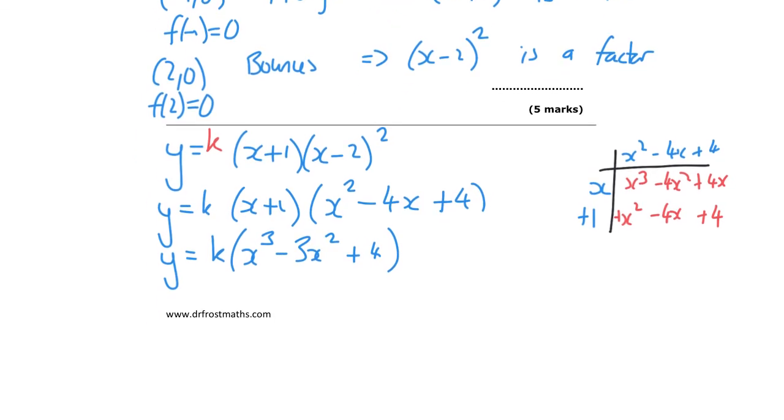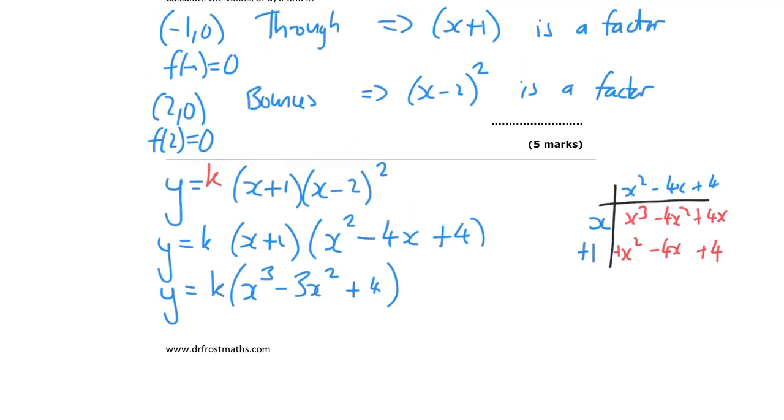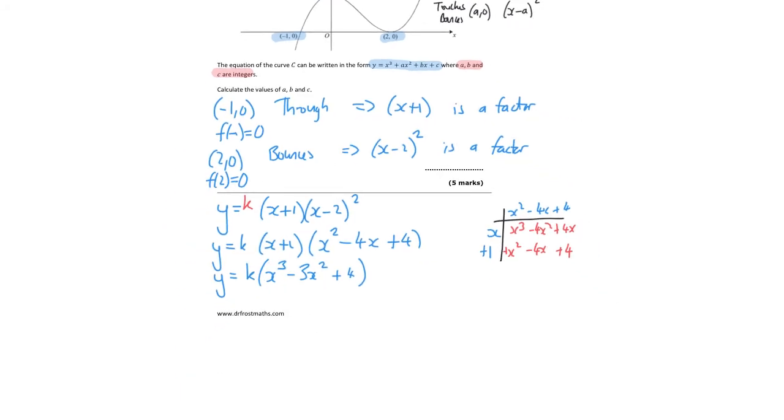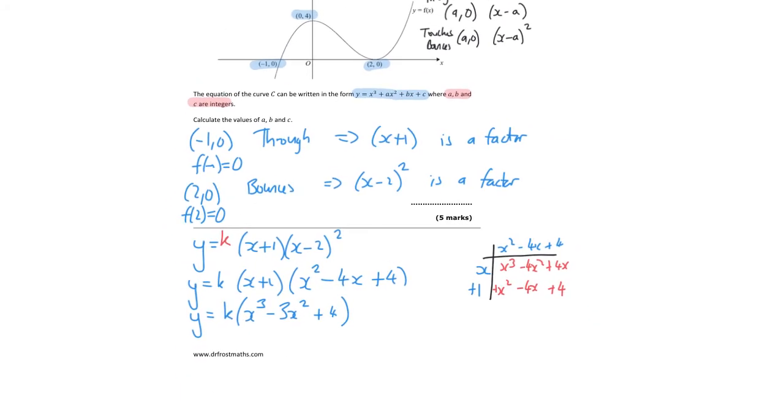Now we know for this question k is going to be 1 because it tells me that there's nothing in front of the x cubed. But I'm just going to show you how you would do that normally in questions that are a bit trickier. We've also got the point 0, 4, so when x is 0, y is 4.